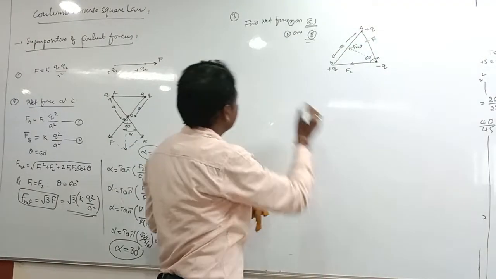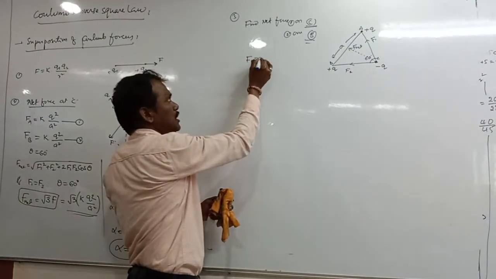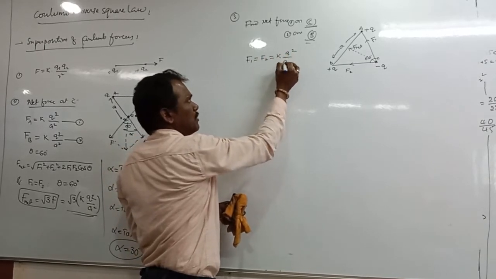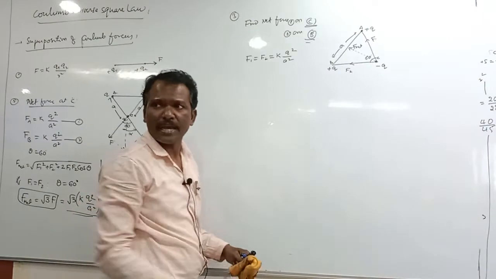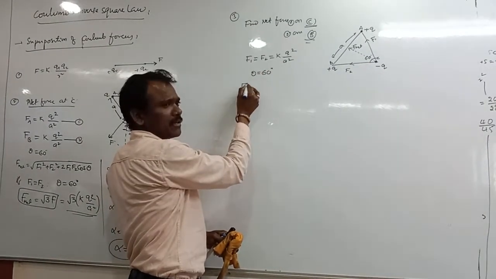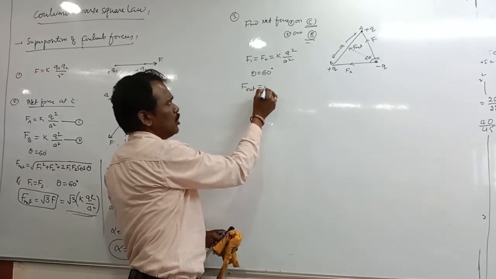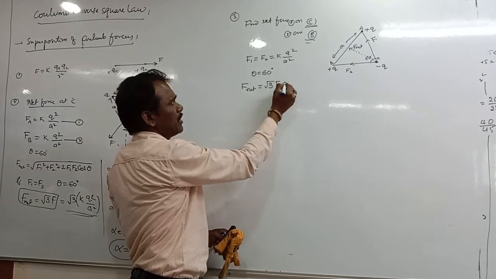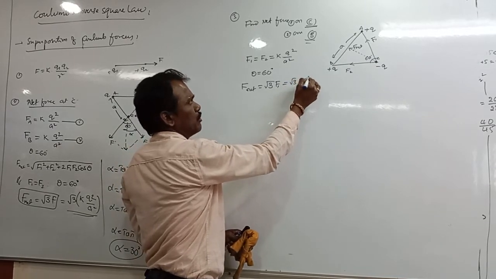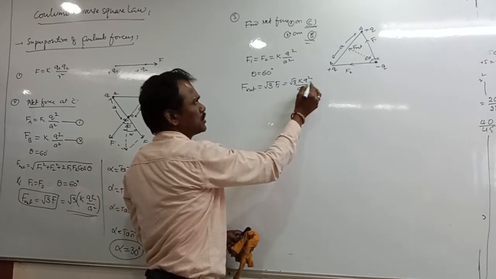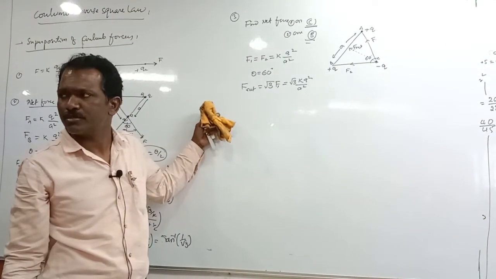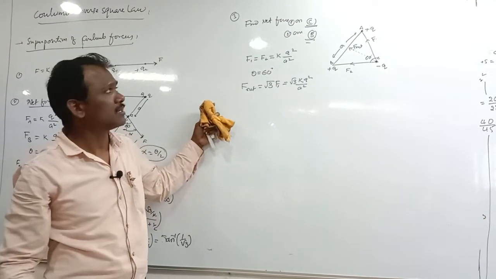So similarly F1 is equal to F2, which is equal to K into Q square by A square, and theta is equal to 60 degrees. You can write F net is root 3 into F, that is root 3 into K Q square by A square. So that direction is also making alpha equal to theta by 2, 30 degrees.